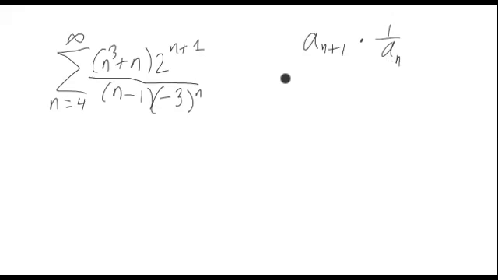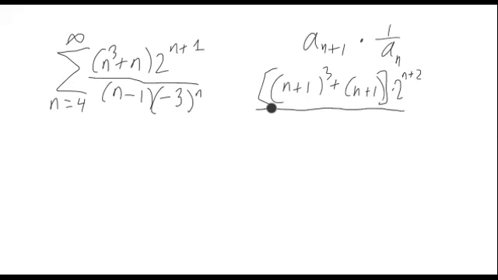Okay, so we can do that. So (n plus 1) cubed plus (n plus 1) on the top. And then we have times 2 to the, now when we put in n plus 1, that'll become n plus 2. And all of that is over n plus 1 plugged in here becomes n plus 1 minus 1, which would just be n. And then here, this would be (-3) to the n plus 1.